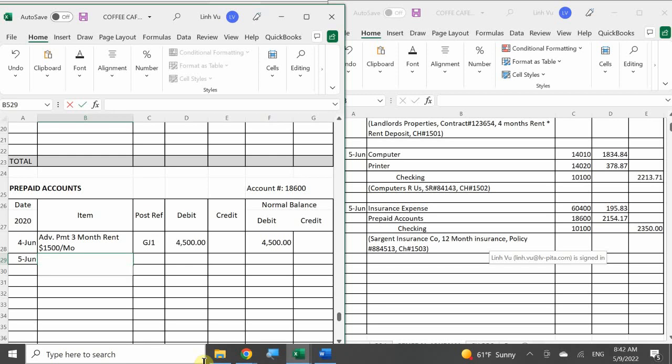And then you could say advanced payment for 11 months insurance.